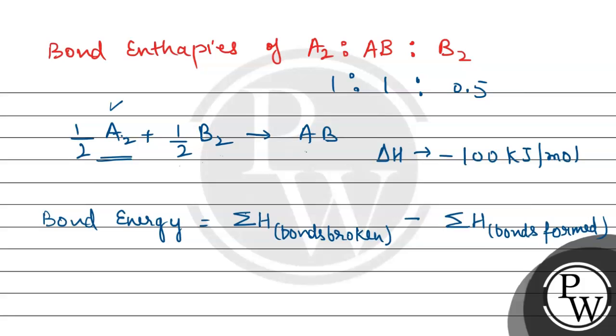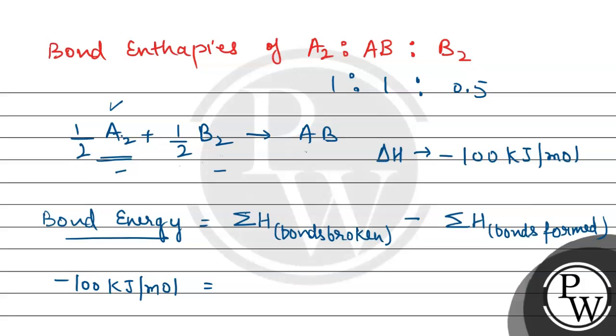So in this we can see bonds जो broke होंगे that will be of the A2 and B2, and जो bond form होंगे that will be between the A and B, that is the product we are getting. So bond energy जो हमें reaction के लिए given है that is minus 100 kilojoule per mole.